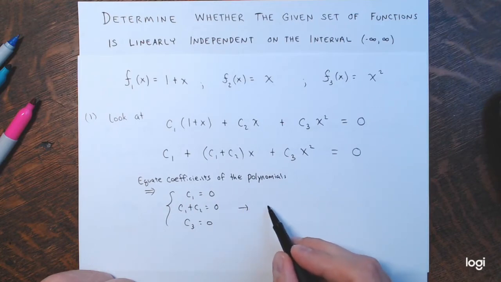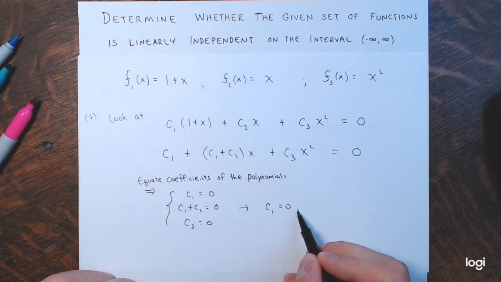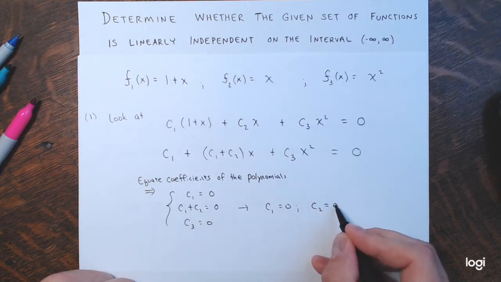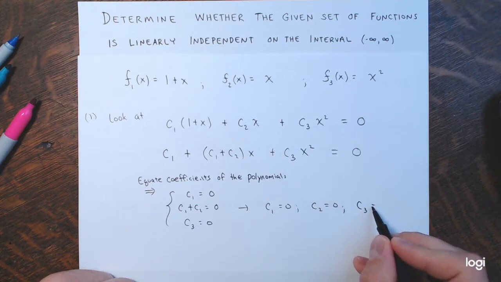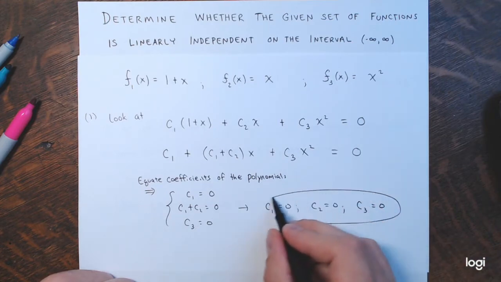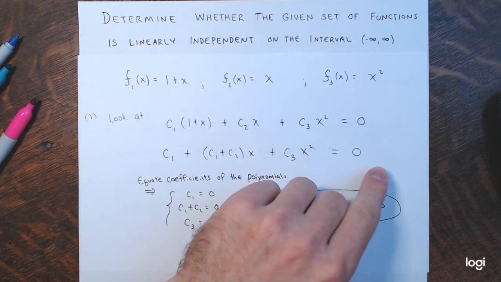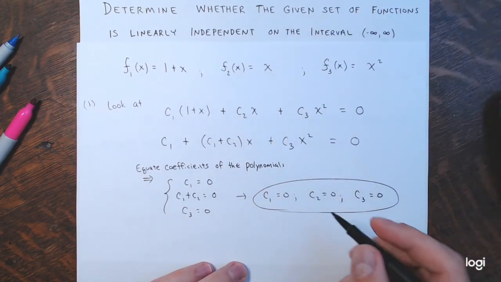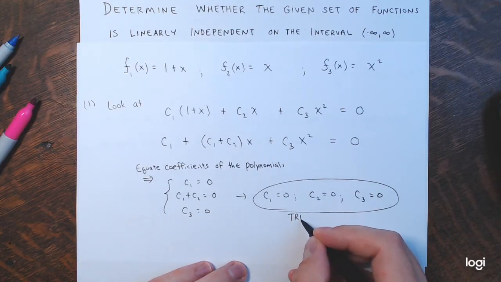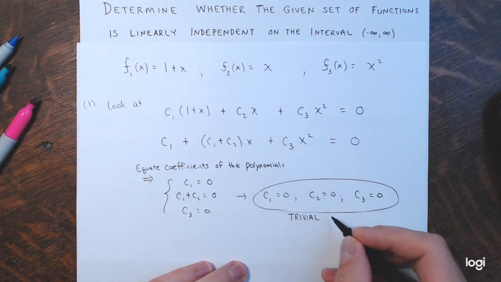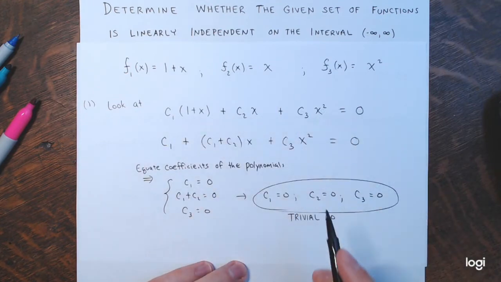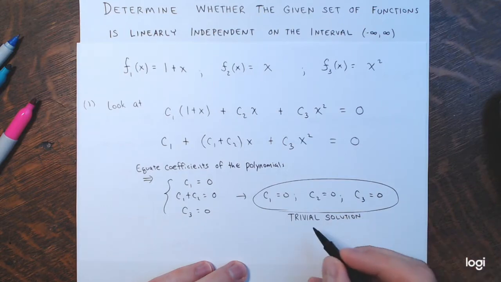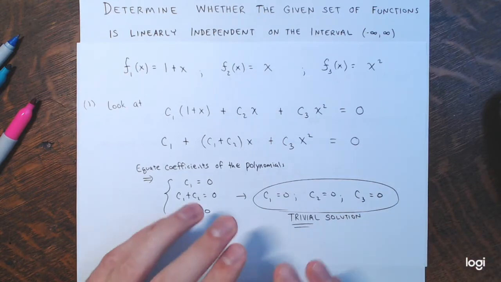Well, that implies that c1 must be 0, and if c1 is 0, then this second equation implies that c2 must be 0, and the third equation implies that c3 must be 0. And this was true for any x, right? Again, the only way polynomials are equal for any x is if their coefficients of like terms are the same. So the only solution to this equation for any x is the trivial solution, where all the constants need to be 0.